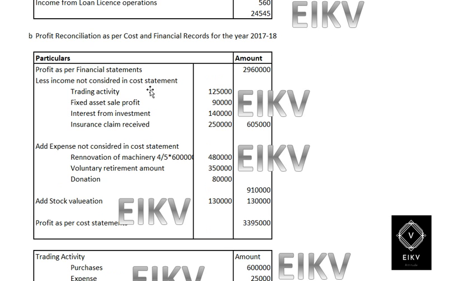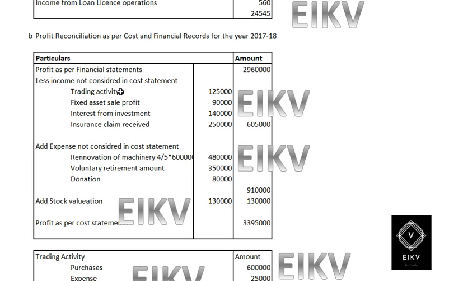Okay, then I am going to explain the reconciliation statement. So first of all we go with profit as per financial statement, that is 29,60,000. Then we need to deduct all income which is reflected in financial statement but will not form part of cost statement.